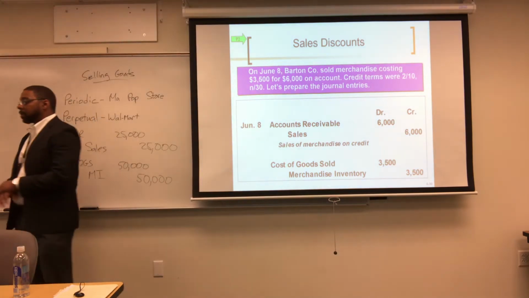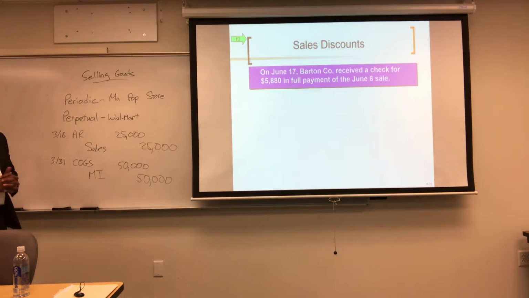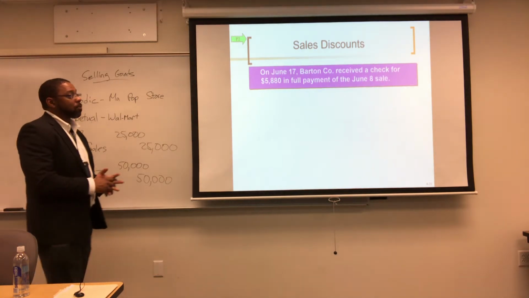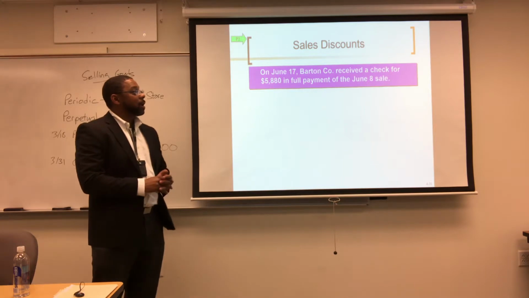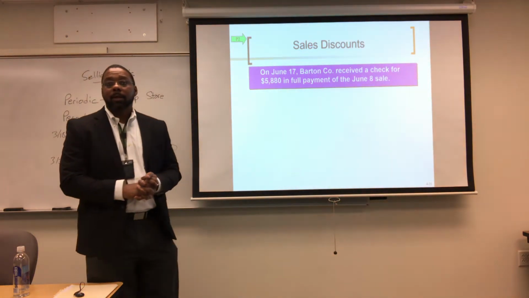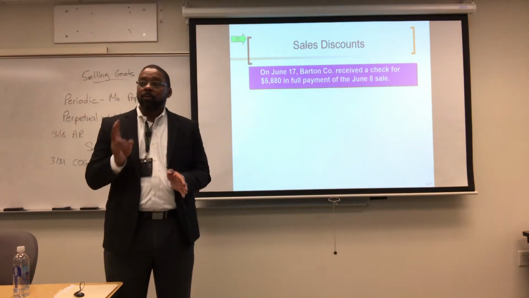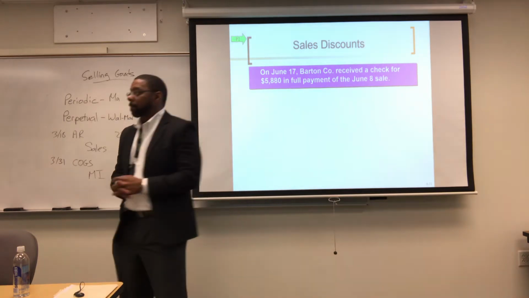Now let's talk about the discount. On June 17th, Barton Company received a check for $5,880, full payment for the June 8th sale. That means they paid within the discount period, so they get their 2% discount.